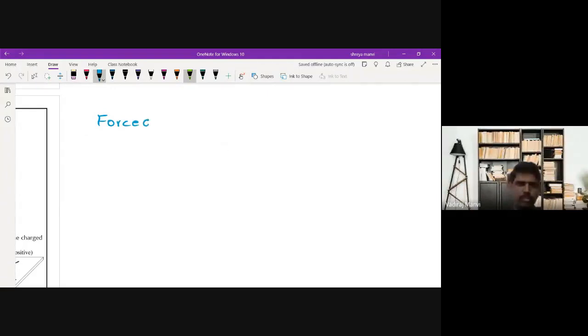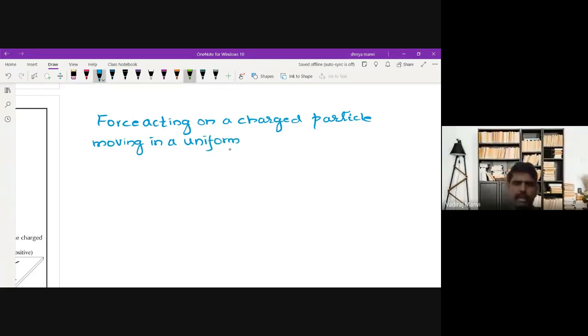Force acting on a charged particle moving in a uniform magnetic field.